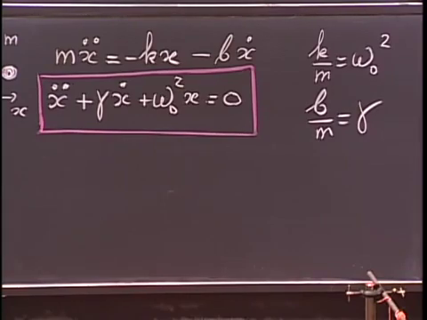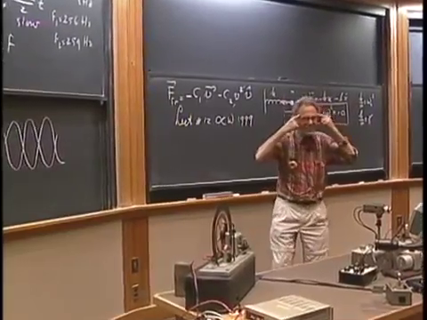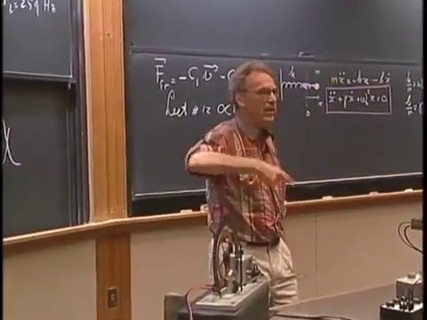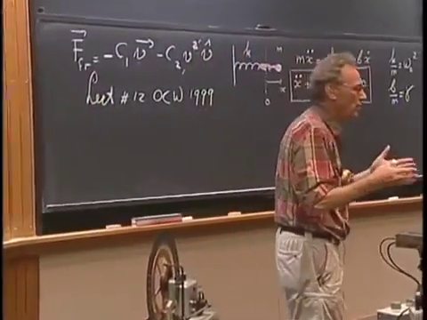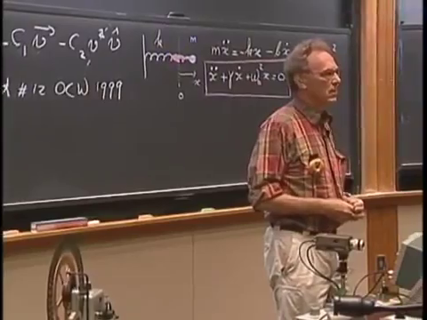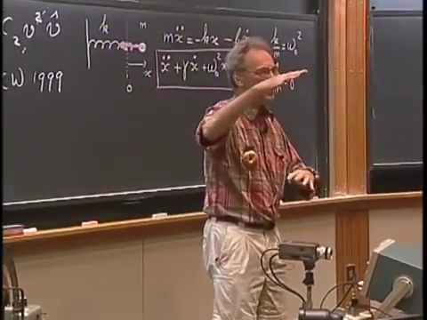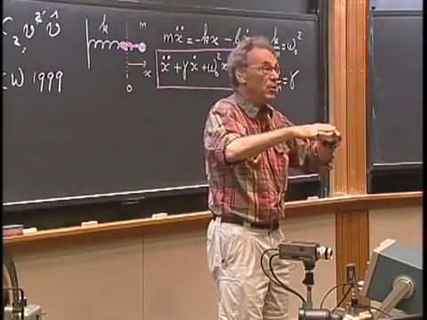Without starting the math, you can sort of in your head see what's going to happen. An oscillation that goes on forever and ever and ever is going to come to a halt. So instead of a nice cosine that continues, the cosine will gradually decay away. And then this thing will stop.